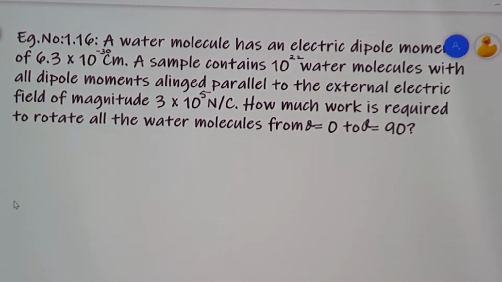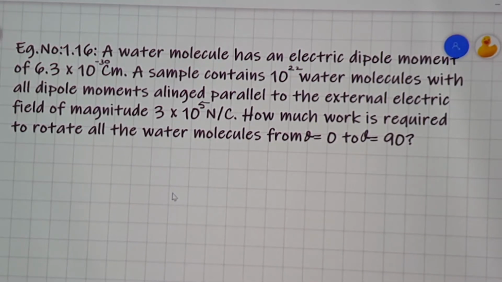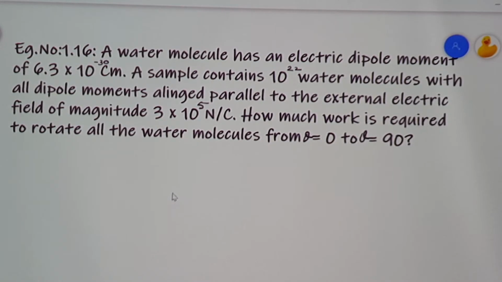A water molecule has an electric dipole moment of 6.3 into 10 to the power of minus 30 coulomb meter. A sample which contains 10 to the power of 22 water molecules with all dipole moments aligned parallel to the external electrical field of magnitude 3 into 10 to the power of 5 Newton per coulomb.